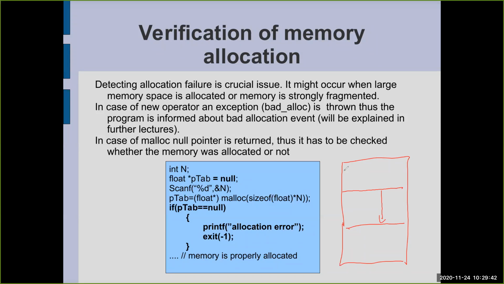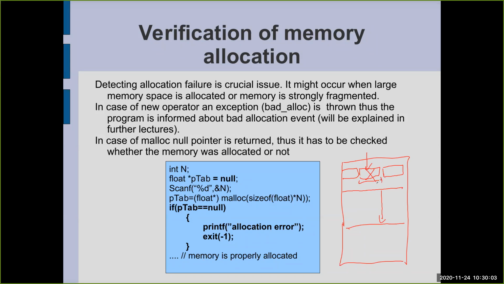So look, let's say that I allocate memory for a single float, then I allocate for another item and for another one. And when I release, for example, the memory for this element, here I have a gap.